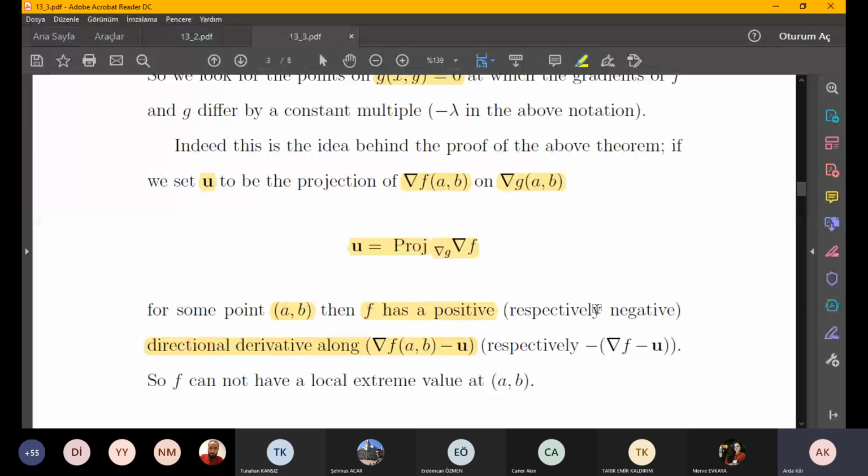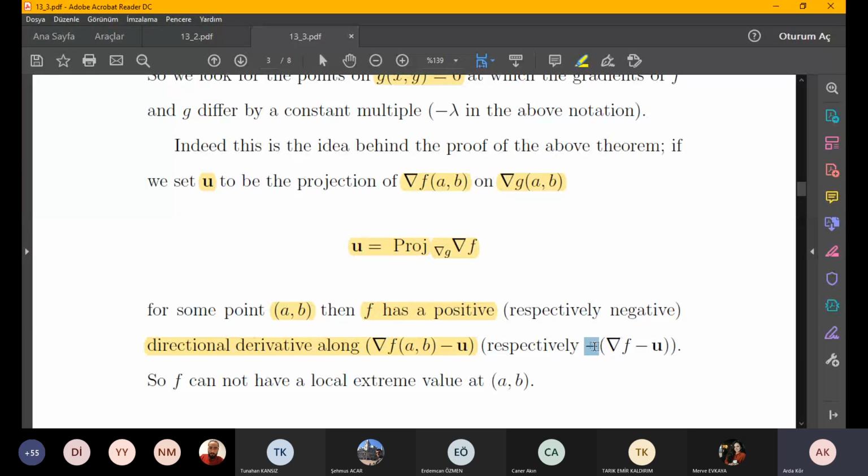And f has a negative directional derivative along minus the gradient of f minus u, which is the projection of the gradient of f at (a,b) on the gradient of g at (a,b).